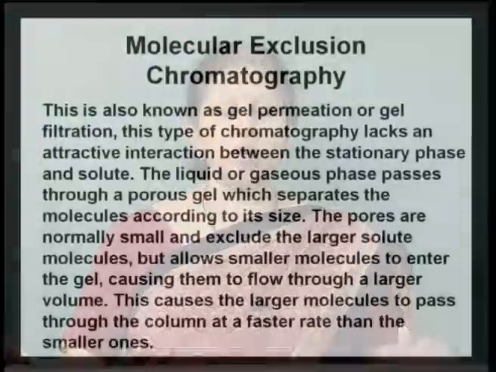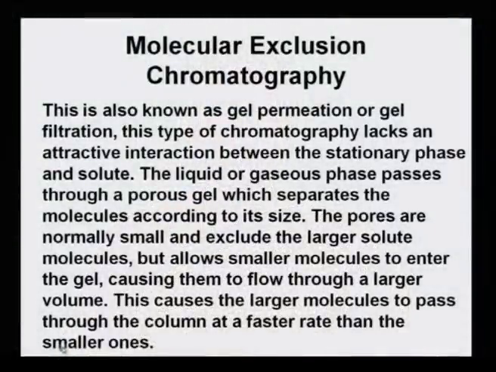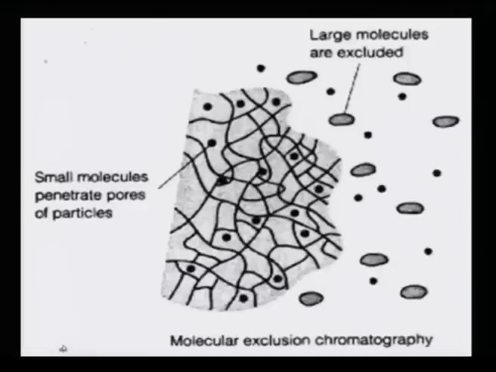The pores are normally small. They exclude the larger solute molecules, but allow smaller molecules to enter the gel, causing them to flow through a larger volume. This causes the larger molecules to pass through the column at a faster rate than the smaller ones, which are retained on the gel. This is an example of molecular exclusion. The larger ones are held up and the smaller ones penetrate through the pores and are separated.